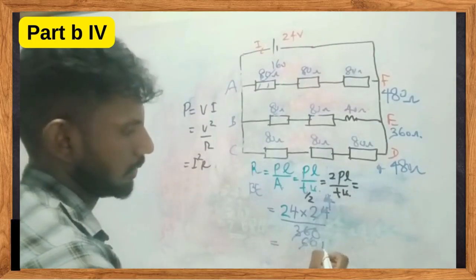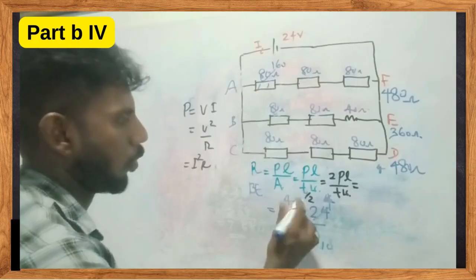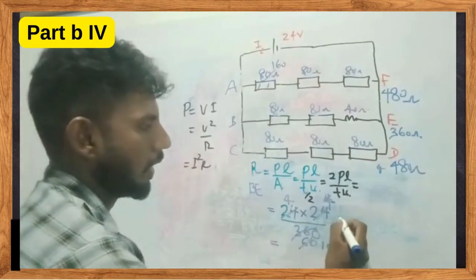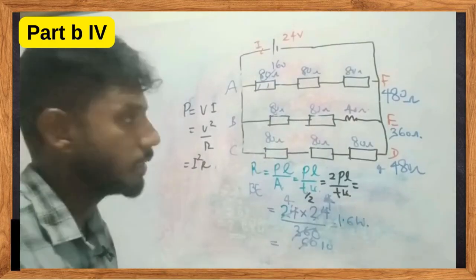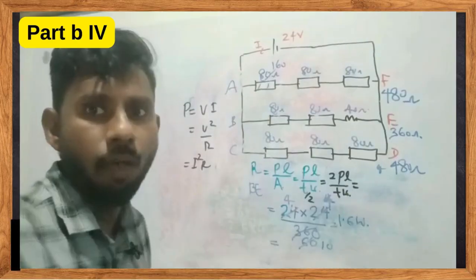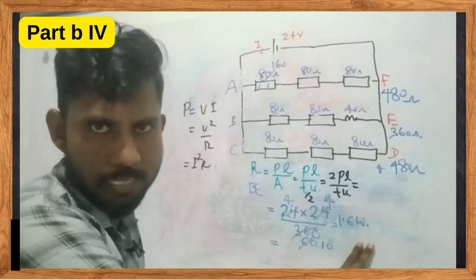So 6, 10, 6, 4, 4 into 4, 16 divided by 10, it's 1.6 watt. The new power across BE, now it's 1.6, right?